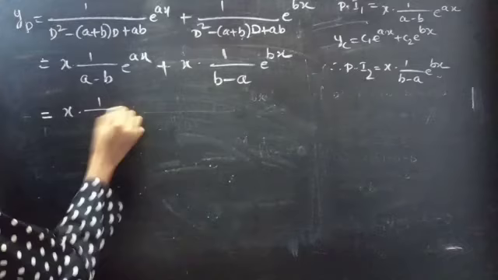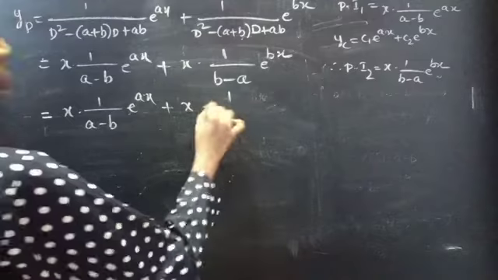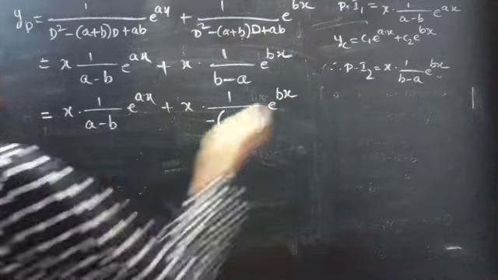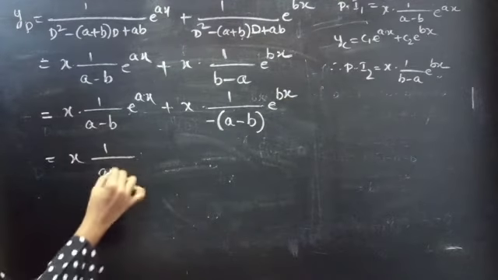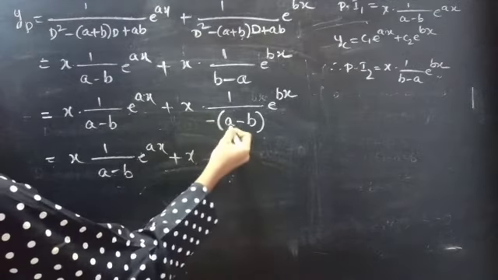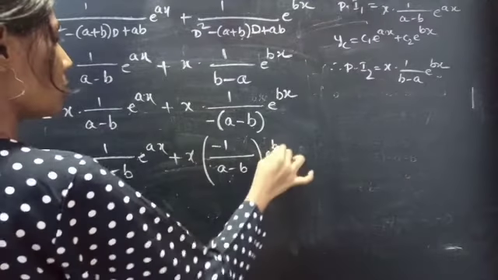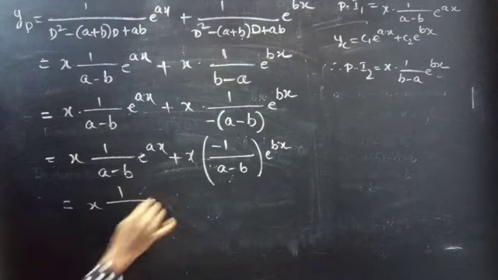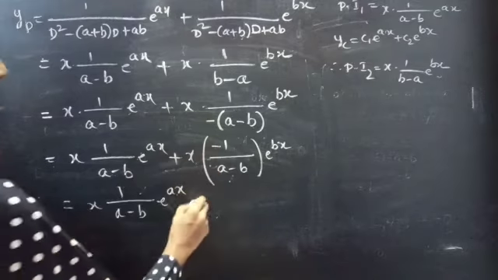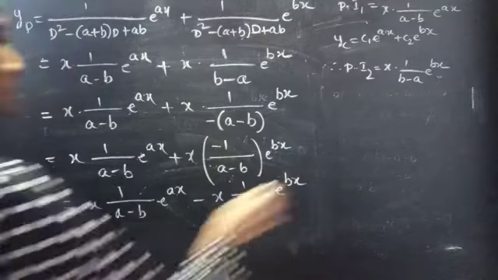We'll get x into 1 by a minus b into e power ax plus x into 1 by minus of a minus b into e power bx, which is x into 1 by a minus b into e power ax minus x into 1 by a minus b into e power bx, right?